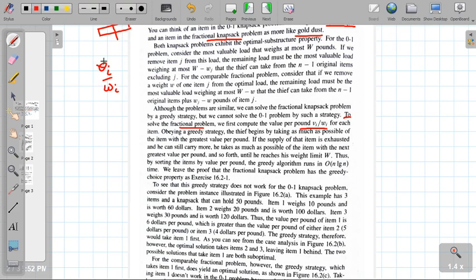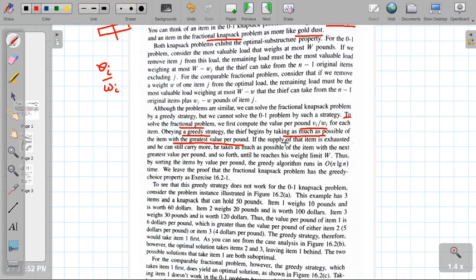Whichever item has the maximum Vi by Wi, I will take first. Obeying a greedy strategy, the thief begins by taking as much as possible of the item with the greatest value per pound. That we have already told.